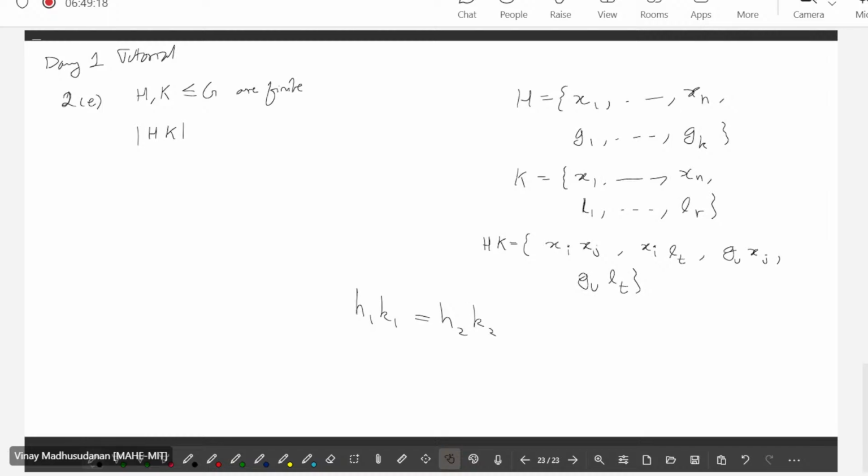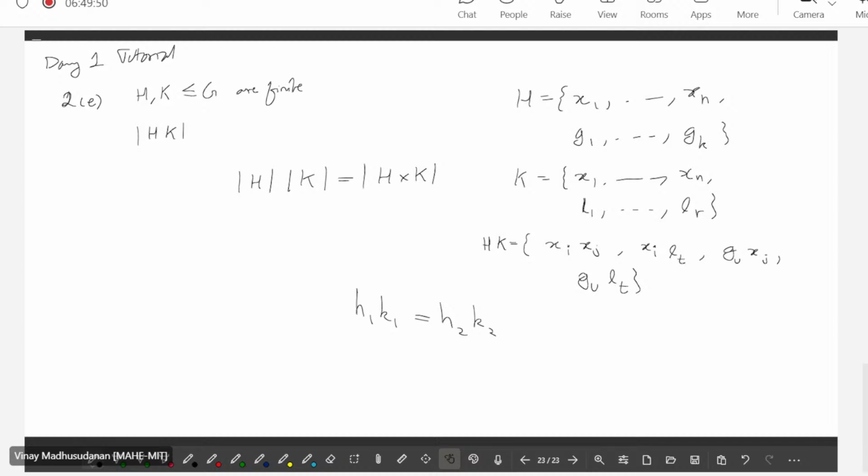Okay. So if I write cardinality of H times cardinality of K, this correctly counts something. Which thing? This is the correct cardinality of one particular set. Which set? Cartesian product. This is indeed the cardinality of H cross K, because there is no question of repeating things.